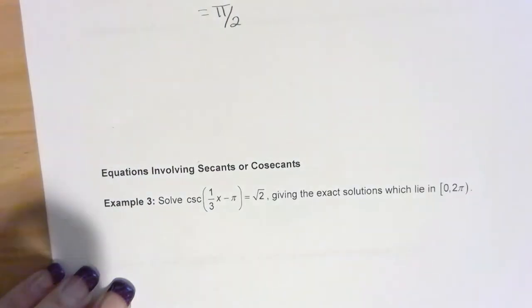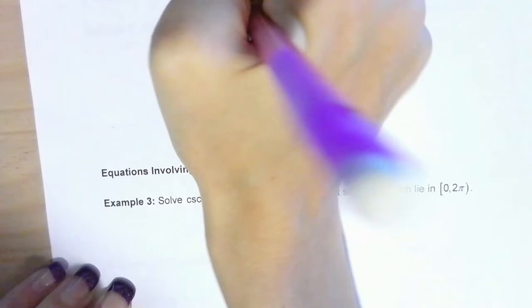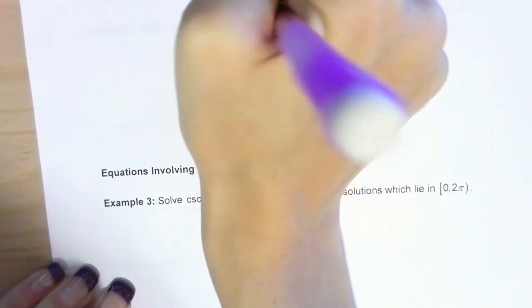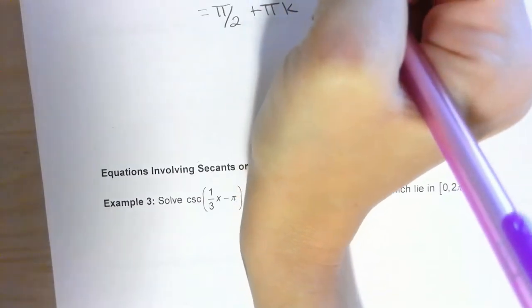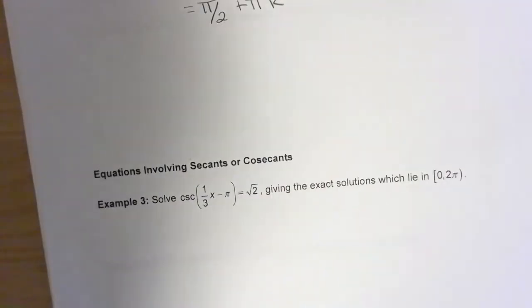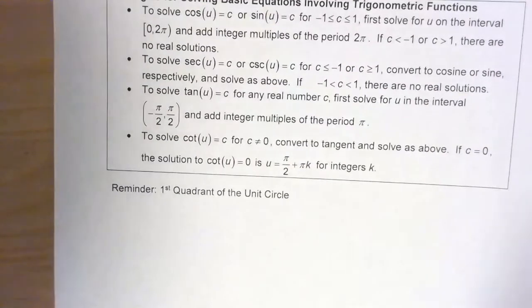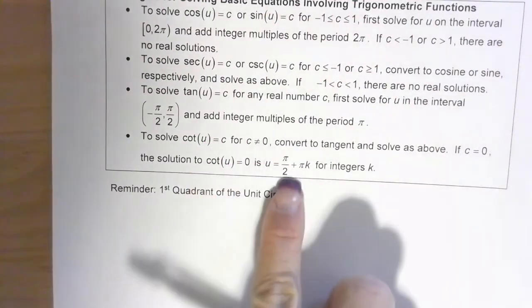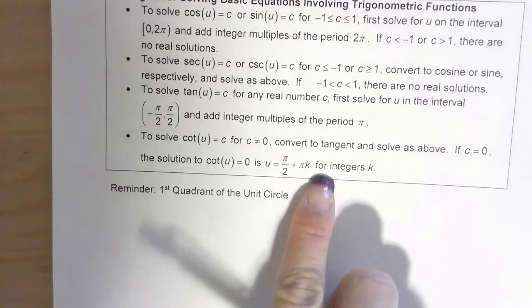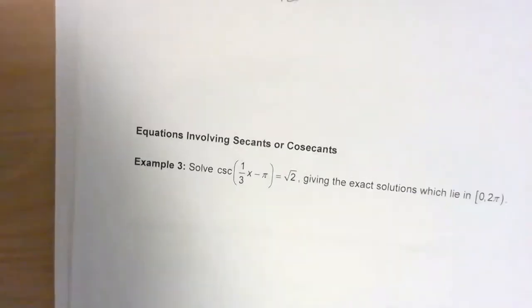And then what are we doing each time to it? We're just adding pi k. And you can go back to your rules for cotangent: it is pi over 2 plus pi k.